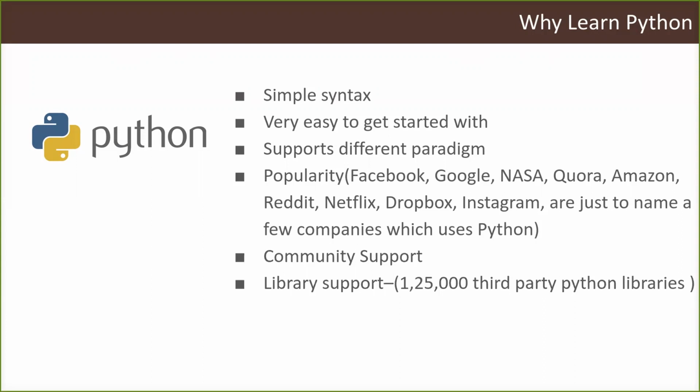Library support allows you to not do everything from scratch, because someone has already done that. So you can use that already written code in your project, and finish a task in the fastest possible way.